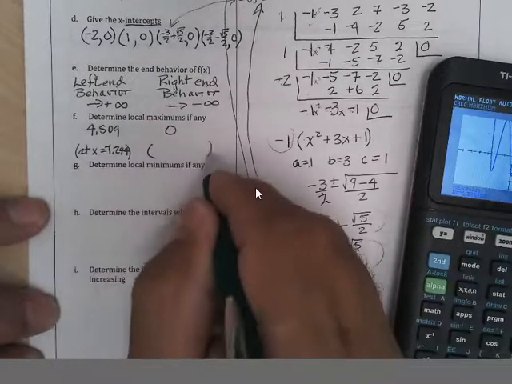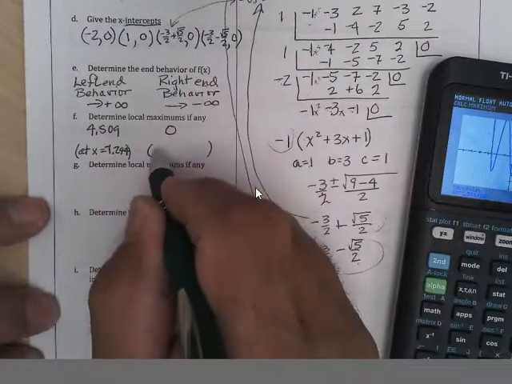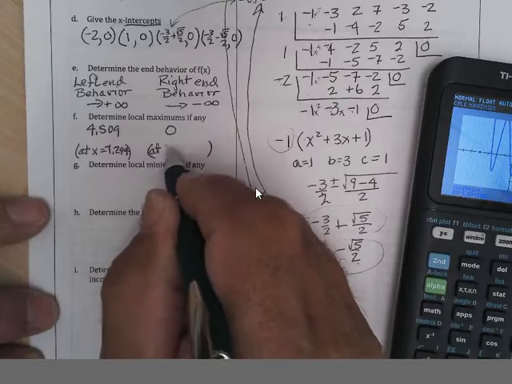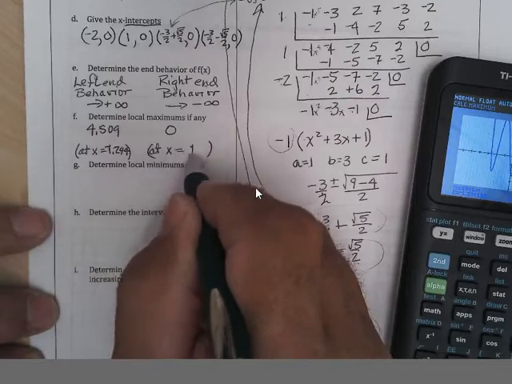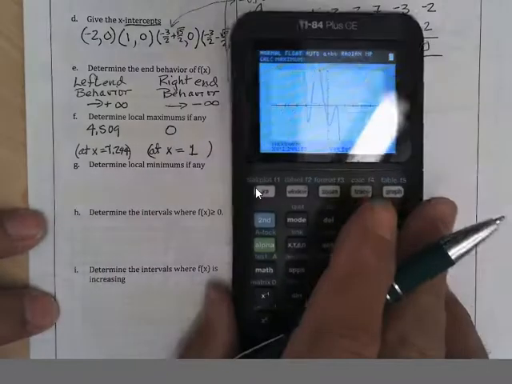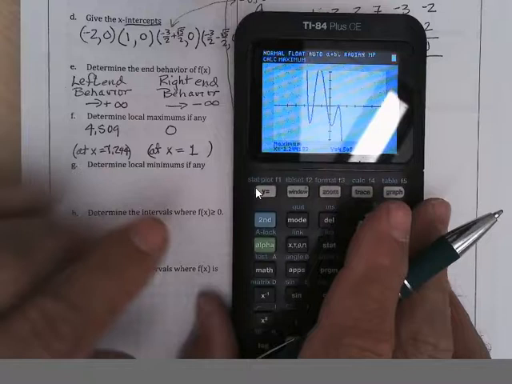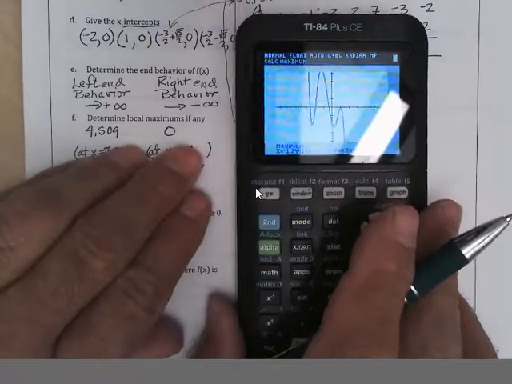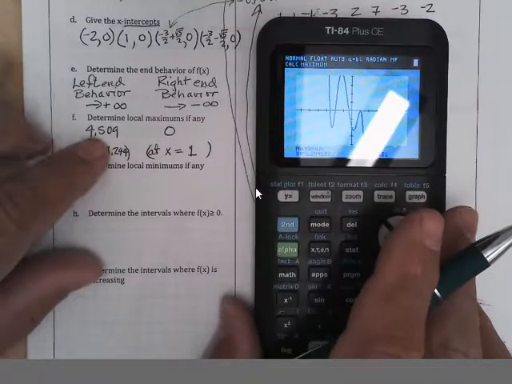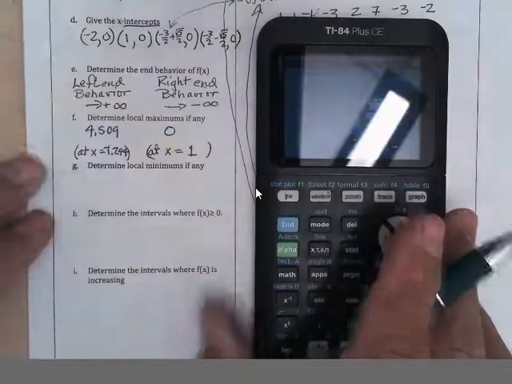Now that's not the maximum. It's where it happens, at x equal 1. So I'm keeping track of where. That's not important for the answer here. The maximums are this one and that one, local maximums.